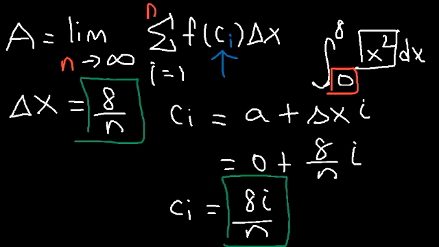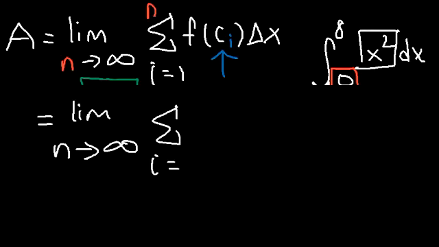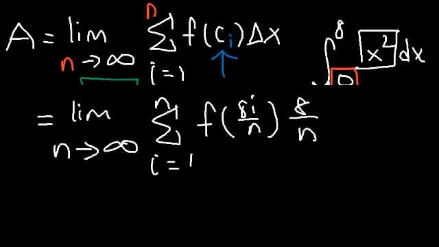So now we can say that the area is equal to the limit as n approaches infinity of the sum from 1 to n, and c_i is 8i over n, delta x is 8 divided by n. f of x is x squared, so we need to take 8i over n and plug it into this expression.